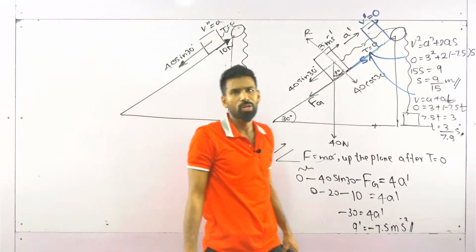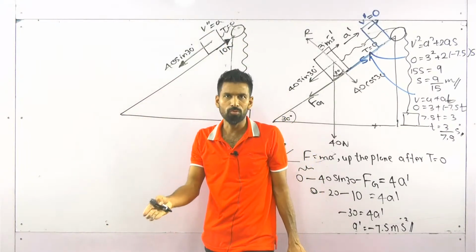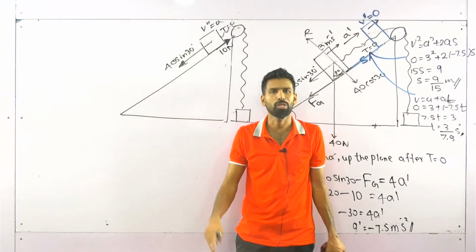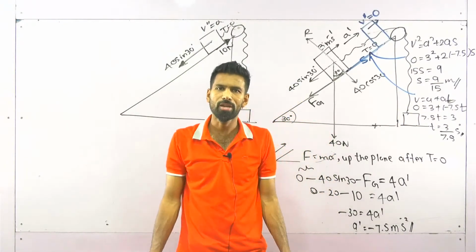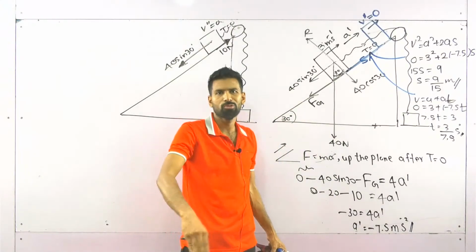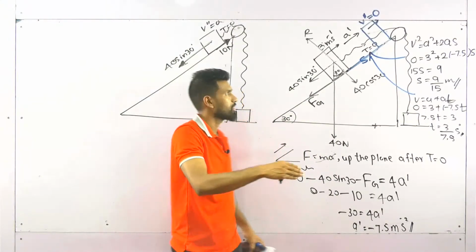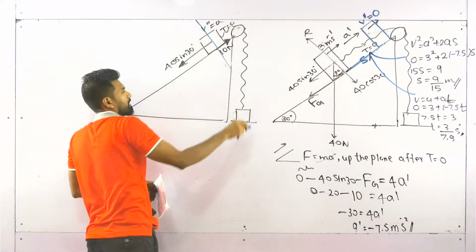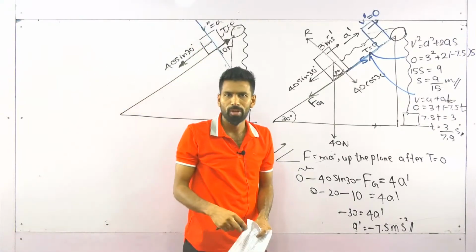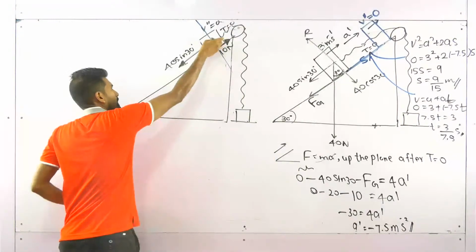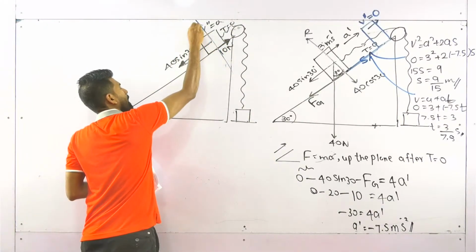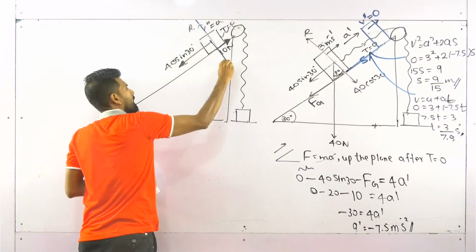To change friction, mu might change? It doesn't change, it's the same surface. Or R would have to change. R will not change. Why? The direction perpendicular to the plane is not affected by any situation we are dealing with. In this direction, they have R, and in the other direction, they have 40 cos 30.